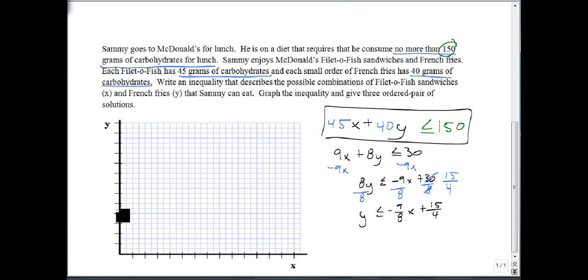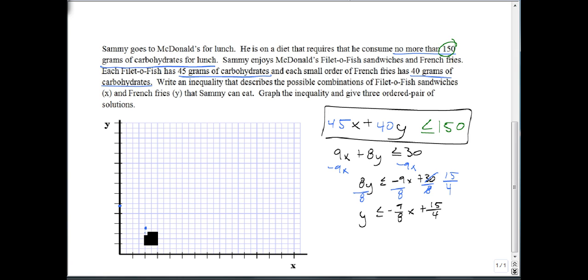So here's our dot. We then go down 9, so let's go down in quarters. 1, 2, 3, 4, 5, 6, 7, 8, 9, and over 8. 1, 2, 3, 4, 5, 6, 7, 8. So there's another point.